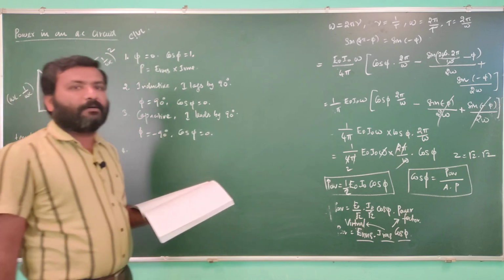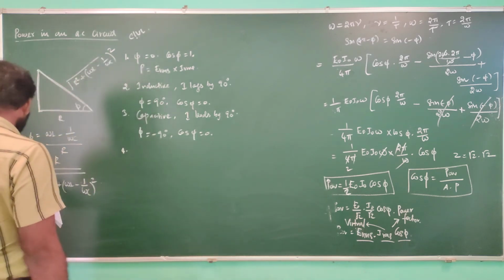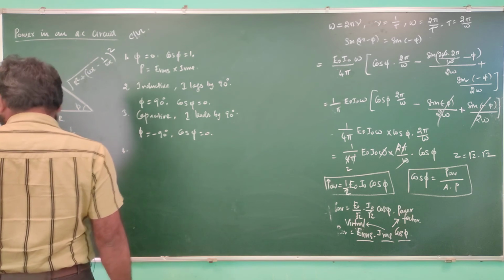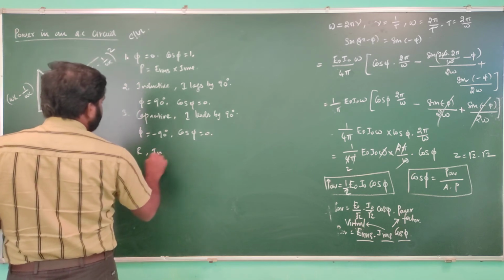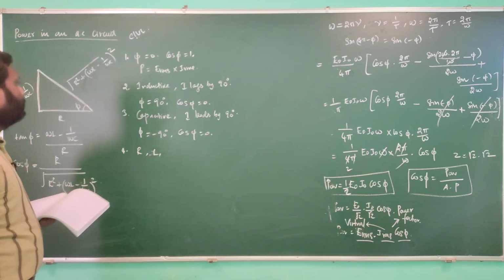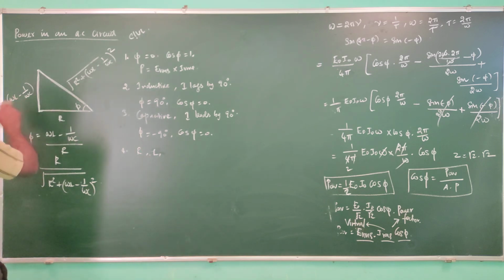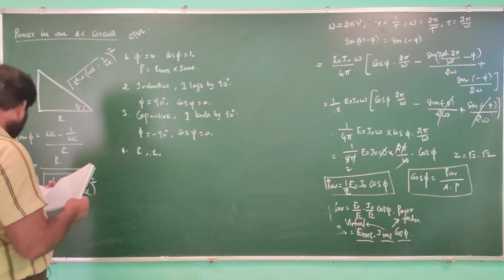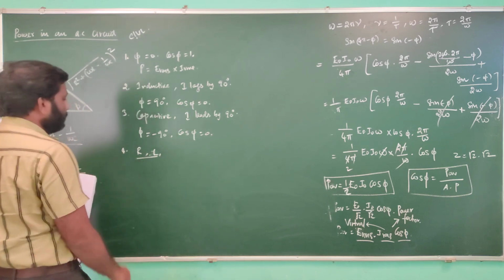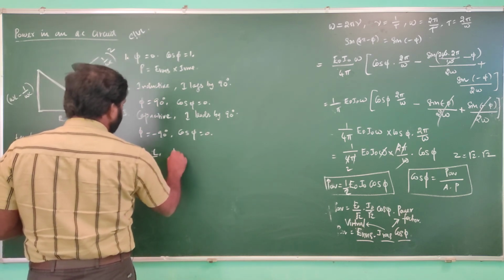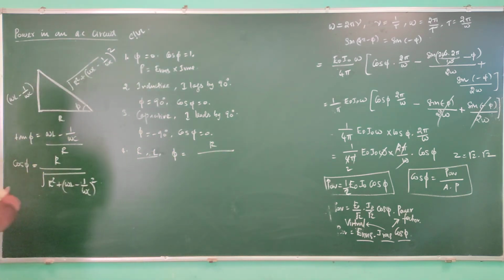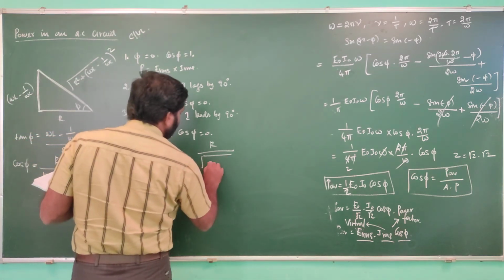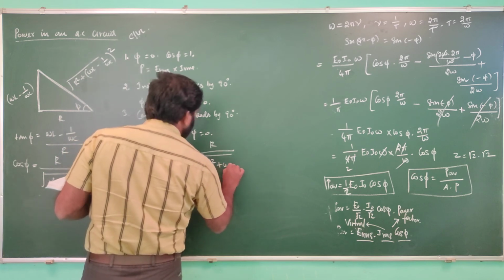A circuit consisting of capacitive and inductive components, and if a circuit consists of a resistance and inductance in series, in that case the capacitive component will not be present, so we can write cos phi equal to R by the square root of R square plus omega square L square.